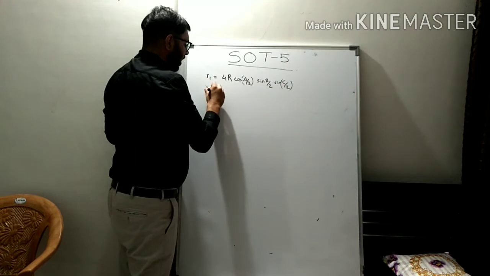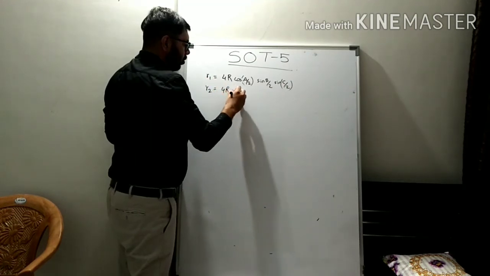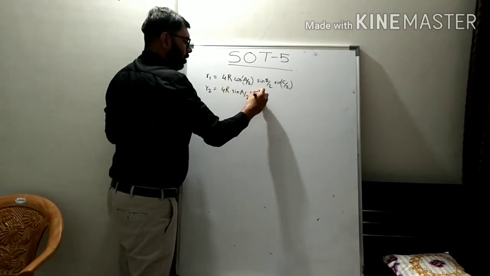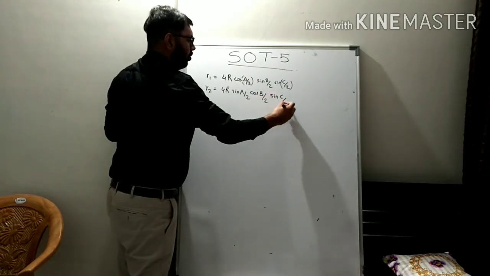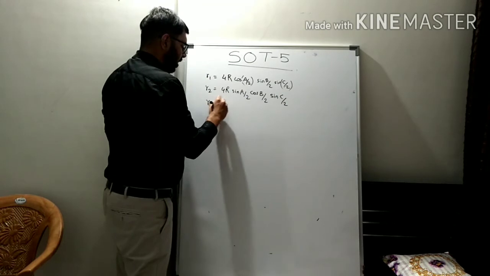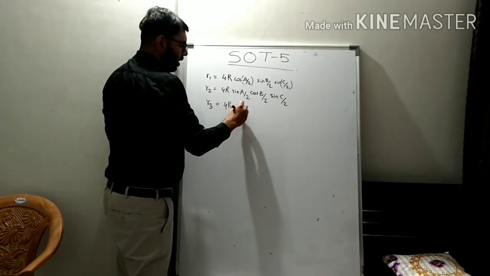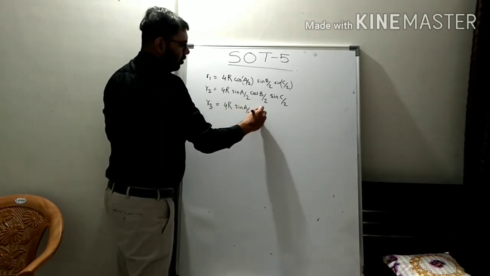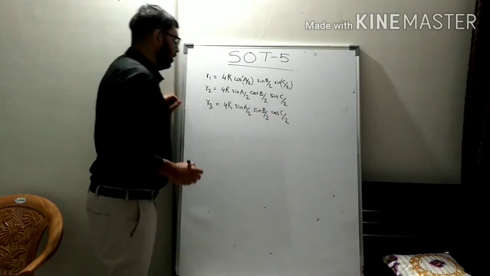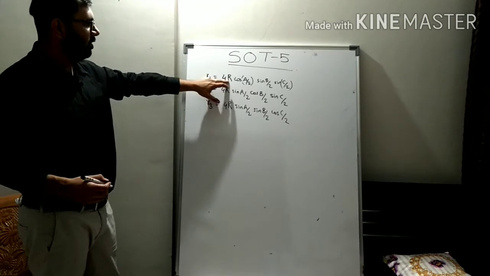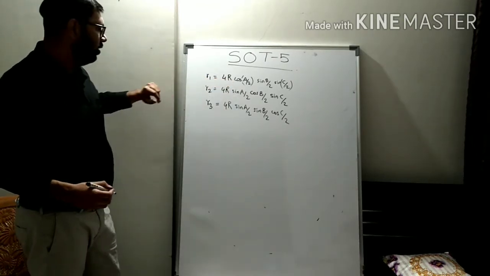Similarly, r2 I can write as 4R into cos A by 2, sin B by 2, and then cos C by 2. And similarly, r3 I can write as 4 times capital R, and then cos A by 2, cos B by 2 first, and then sin will contain C by 2. So this is how you can relate circumradius, which is capital R, to the exradii r1, r2 and r3.